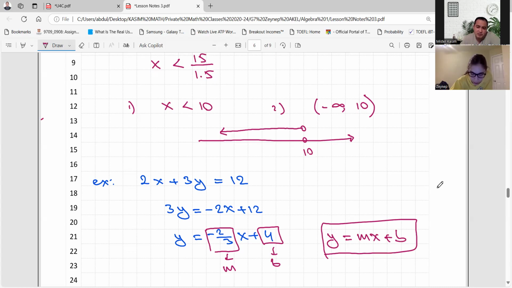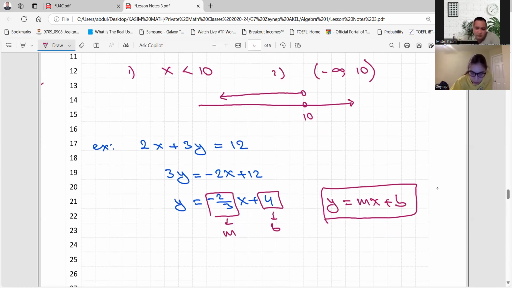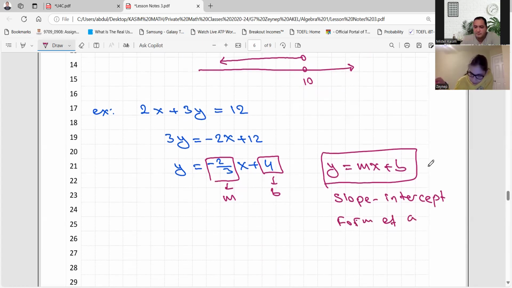That's why you should really get well introduced to it. What is its name? Slope-intercept form of a linear function, a linear equation in two variables.